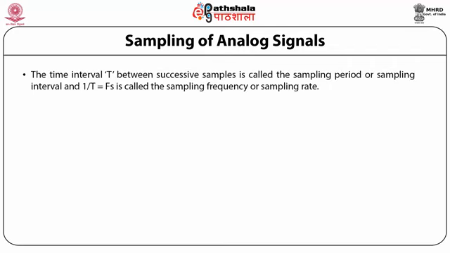The time interval T between successive samples is called the sampling period or sampling interval, and 1 by T, which is equal to Fs, is the sampling rate or sampling frequency. This is related to the time period as t equal to n by Fs.